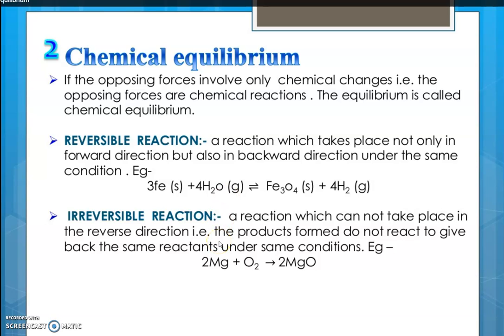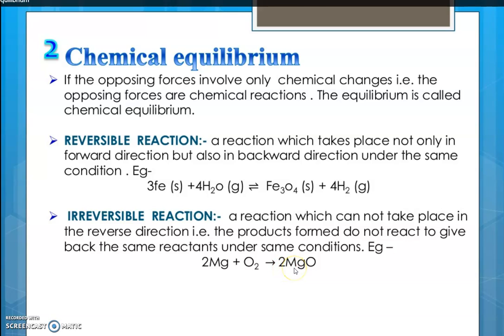But in the case of irreversible reactions, a reaction cannot take place in the reverse direction, only in the forward direction. That is, reactants combine together to give the products, and the products will not convert to the reactants again. For example, magnesium and oxygen combine to give magnesium oxide.